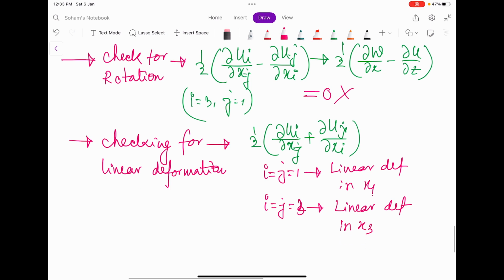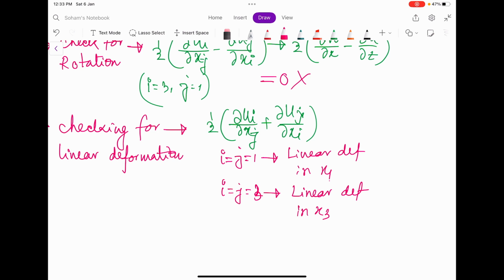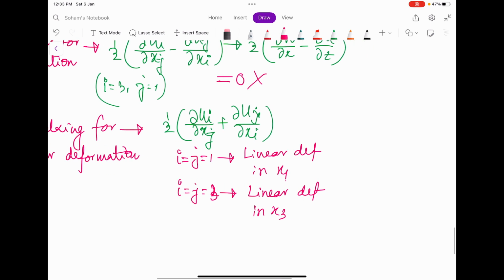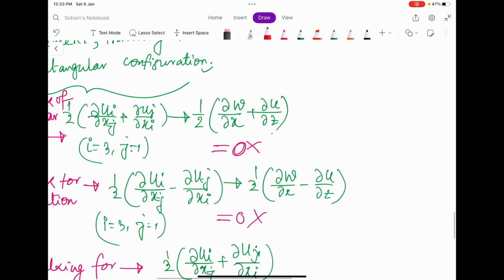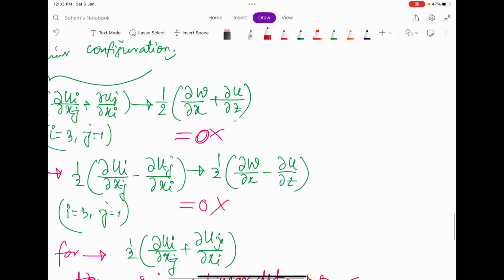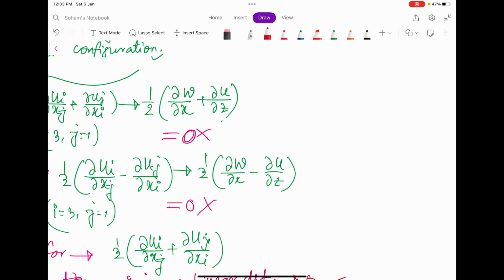Because we are talking about the zx plane, we have to look for both the linear deformation in x direction and the linear deformation in z direction. So if maybe this is coming as 0 and this is coming as non-zero, then this will happen and this will not happen.